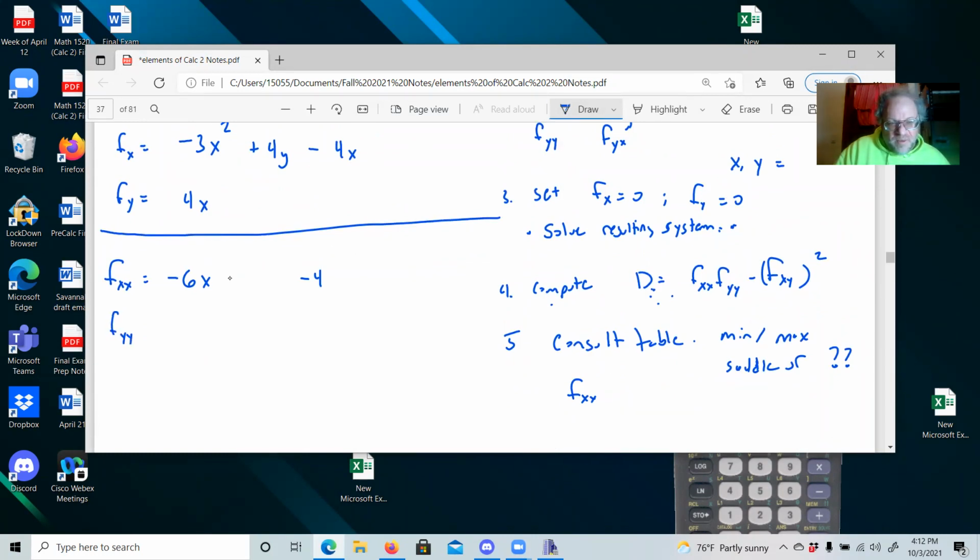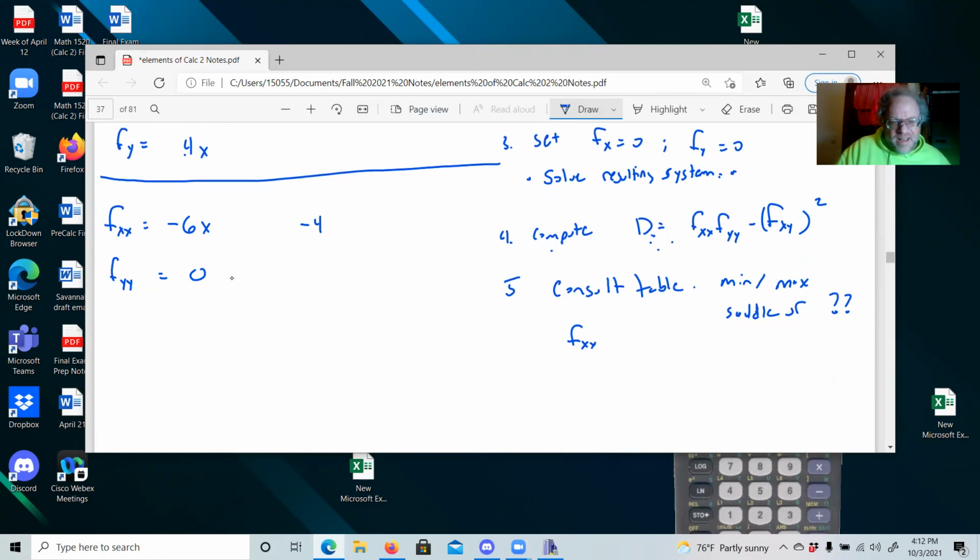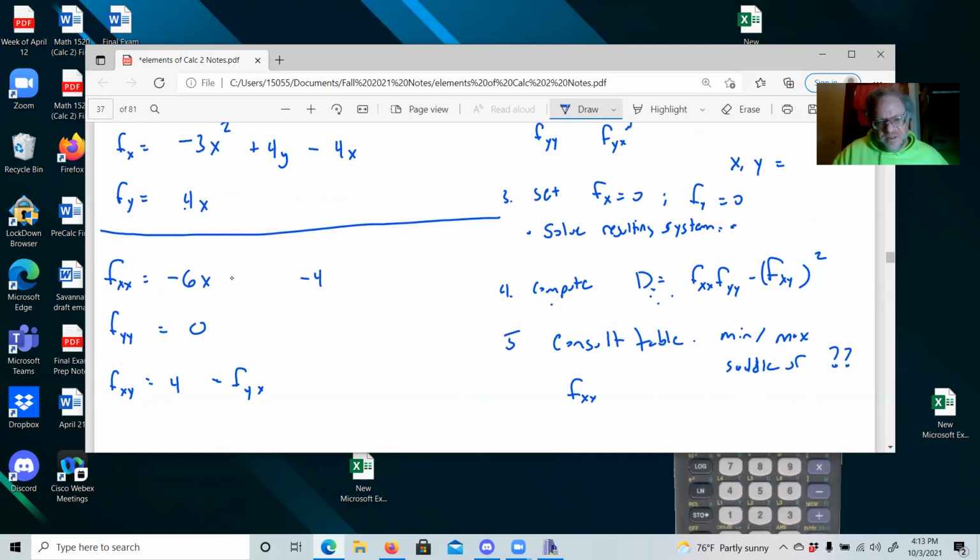Okay, fyy, what's the partial with respect to y here? Oh, it's a 0. And we have fxy, that's going to be 4. Right? That's also equal to fyx. So all we're doing is taking this derivative with respect to y now, okay? Or we're taking this derivative with respect to x, so we just get 4.